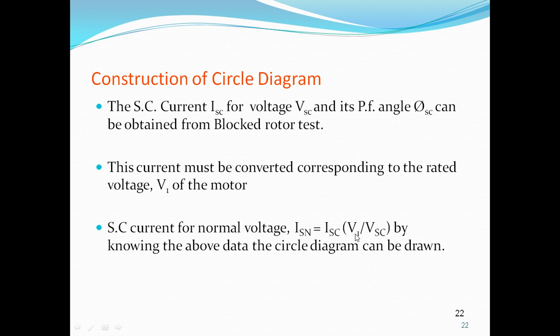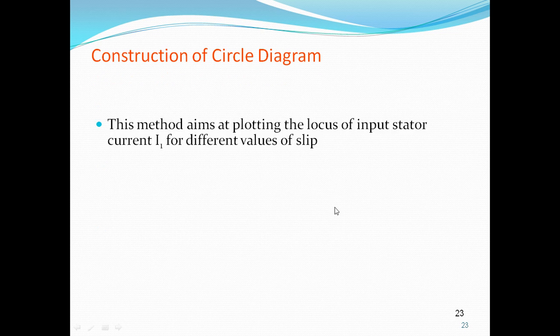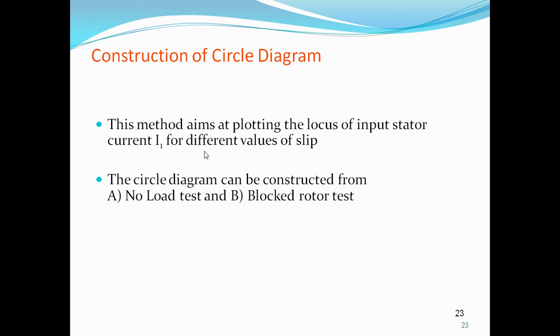So V1 is the rated voltage, VSC is the voltage at which the blocked rotor test is conducted, and ISC is the current at blocked rotor test, that is short circuit test. So this method aims at plotting the locus of input stator current I1 for different values of slip.